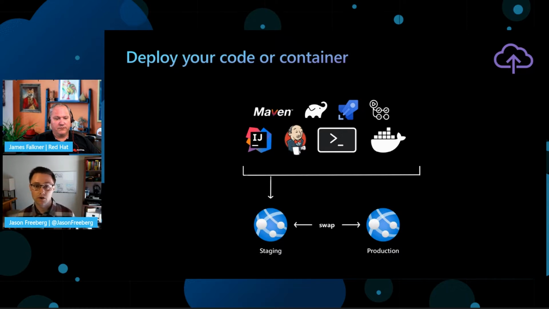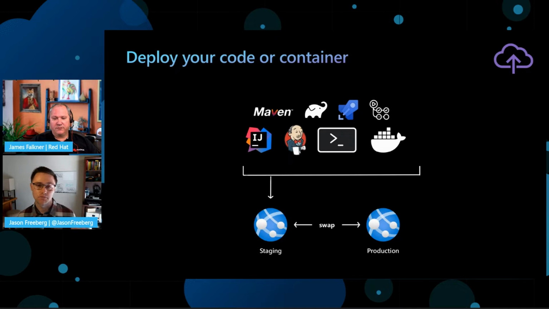For deploying code, App Service provides APIs, plugins, and extensions to deploy from a whole host of client tools like you're seeing here. We have plugins for Maven, Gradle, GitHub Actions, Jenkins, Azure DevOps, and probably more that I'm forgetting. You can use those tools to set up a CI/CD pipeline to continuously deploy to Azure App Service.